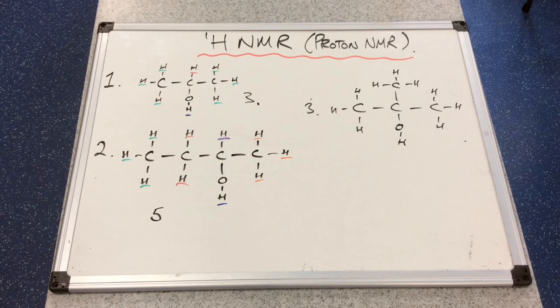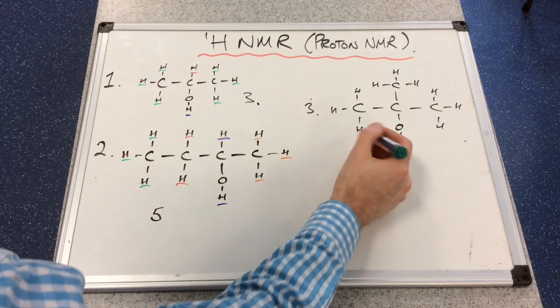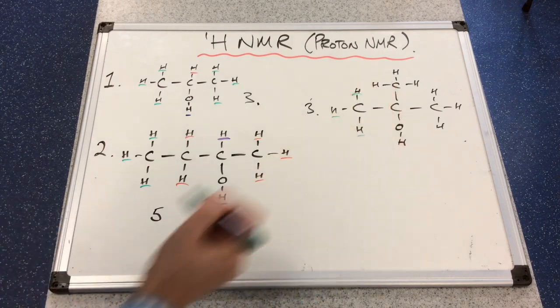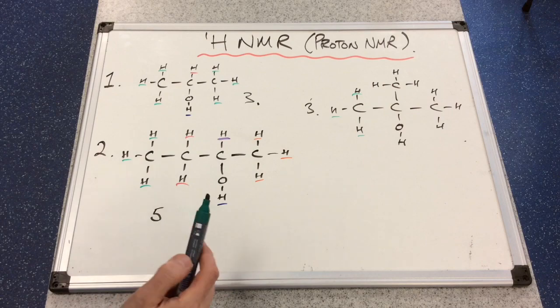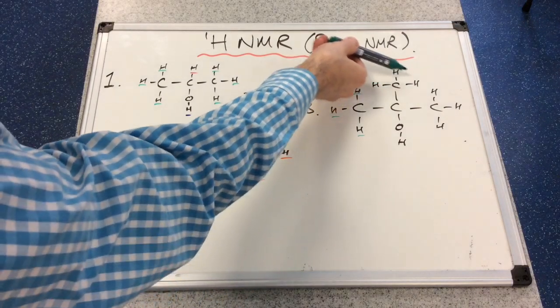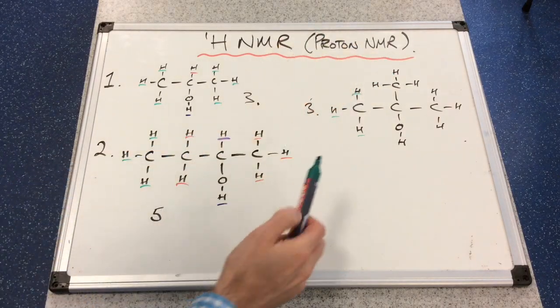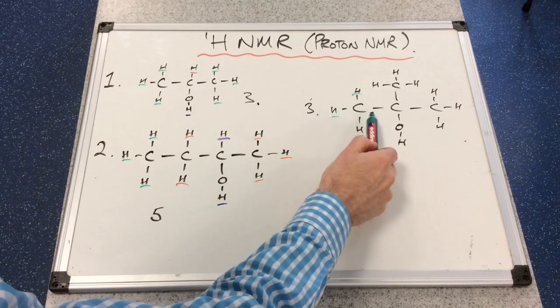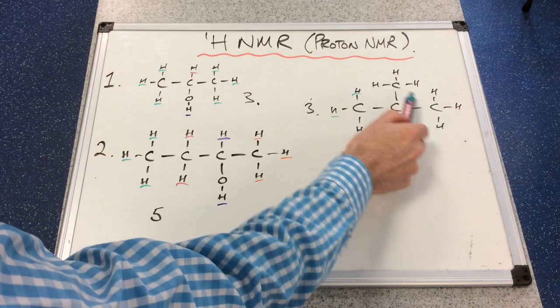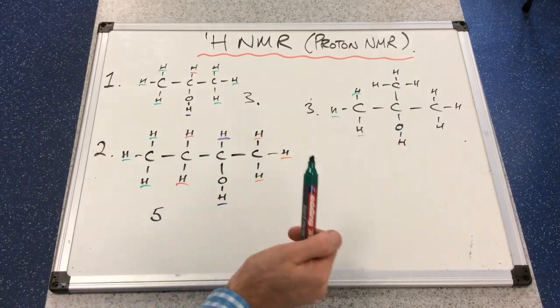So if we go for the third molecule now, so this is 2-methyl-propan-2-ol. We'll go for this CH3 group first. They're obviously equivalent to each other. We need to ask ourselves, are the hydrogens in this CH3 group equivalent? Well, let's think. This CH3 is bonded to a C with 2 CH3 groups on and an OH.